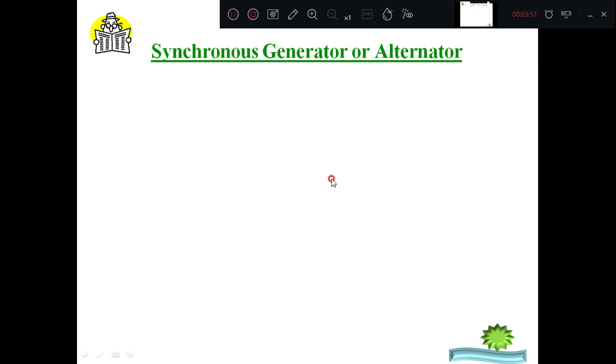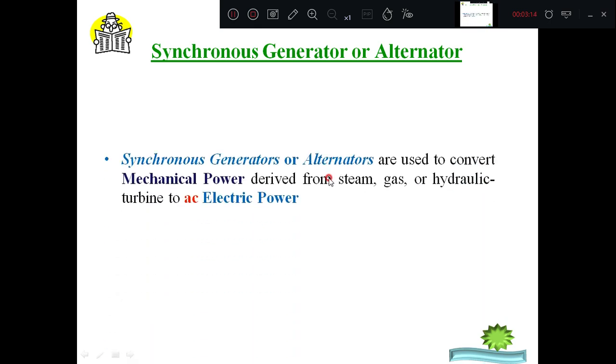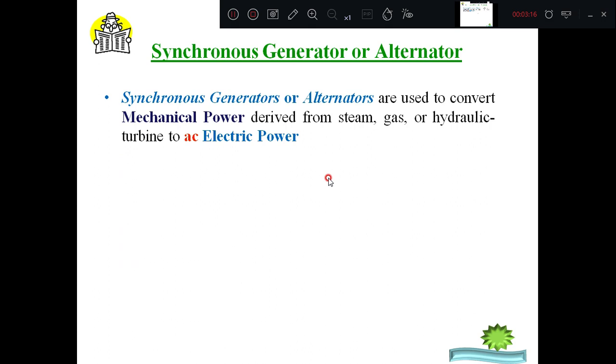The synchronous generator, also called an alternator or AC generator, is defined already. Synchronous generators or alternators are used to convert mechanical power derived from steam, gas or hydraulic turbine to AC electric power.